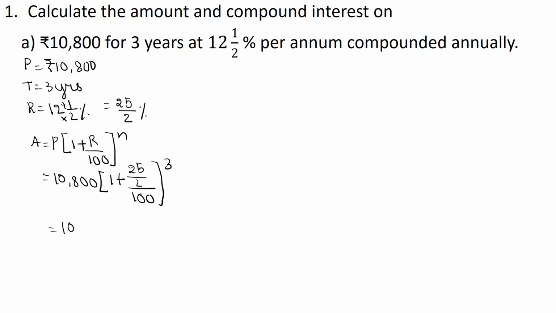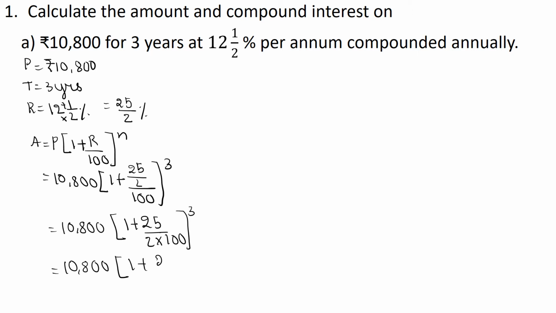So 10,800 (1 plus 25 by 2 into 100). That is 10,800 (1 plus 25 by 200) whole power 3, and here the denominator will be 1 and 200, LCM we get 200.